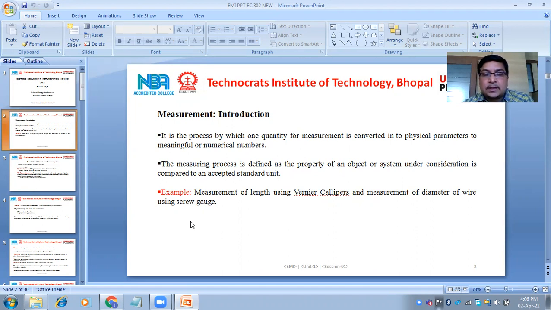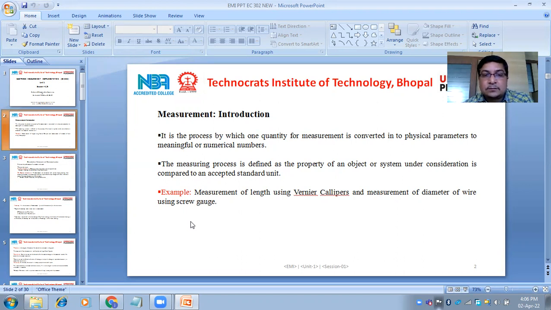If we want to measure any kind of quantity, it can be voltage, current, as well as physical quantities like temperature, pressure, humidity. These are all measured in terms of standard units. If you want to measure temperature, we use a thermometer as a measuring instrument, which measures in degree centigrade or degree Fahrenheit.